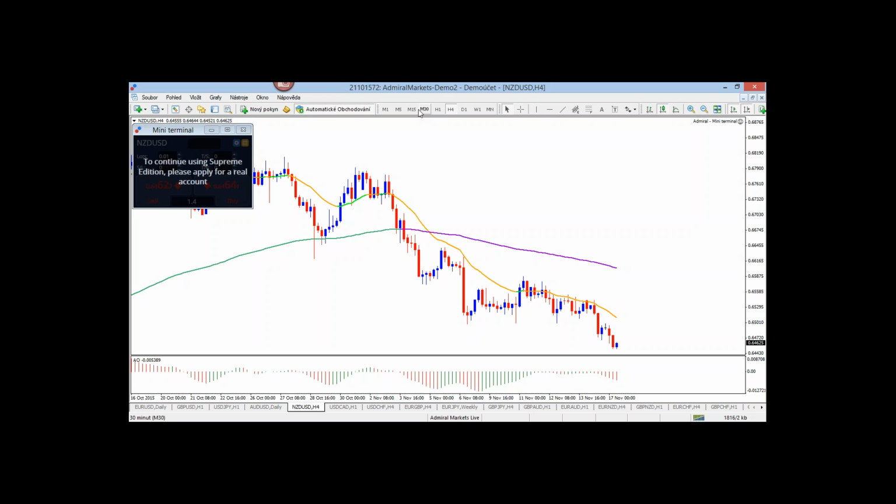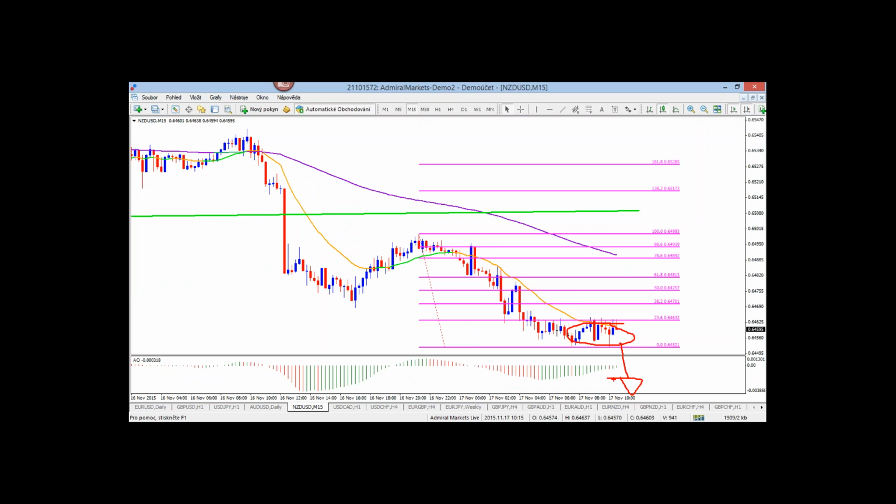So it depends. This could just be a small consolidation and it could continue like this as well. Or it could spike up and hit the resistance fibs and then move down again. In any case, stop loss needs to be above this, certainly above 65, I would say.